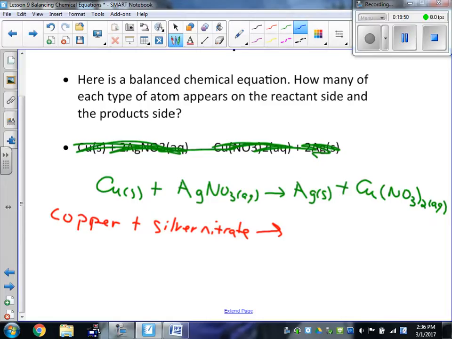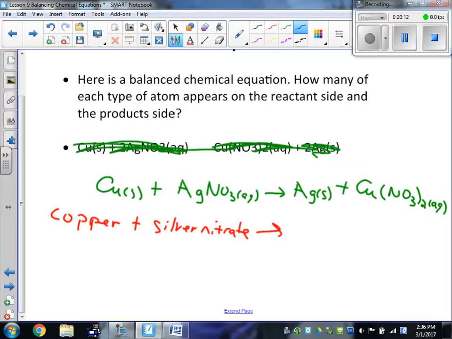Now, you could try to balance each element by element, but I would caution you on that in some cases. Anytime you talk about ionic compounds, what two parts are they made up of?